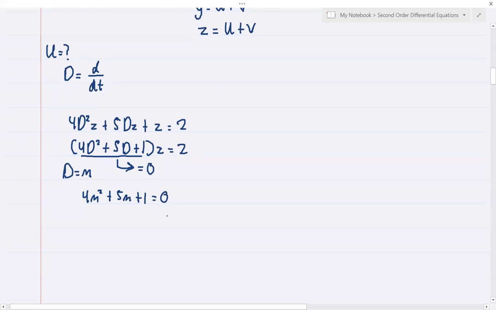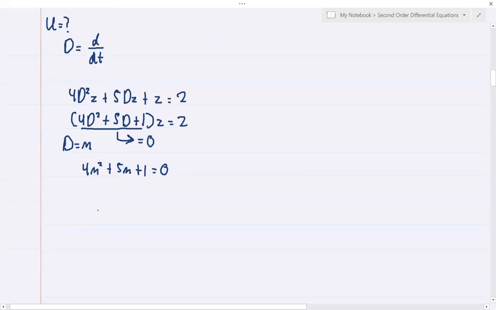Now, what we're going to do is find your m values. For me, I could find this by simply factoring. When it comes to the quadratic formula, once again, guys, it's up to you. If you're going to use the quadratic formula or any method of factoring, either of the two, it's up to you.